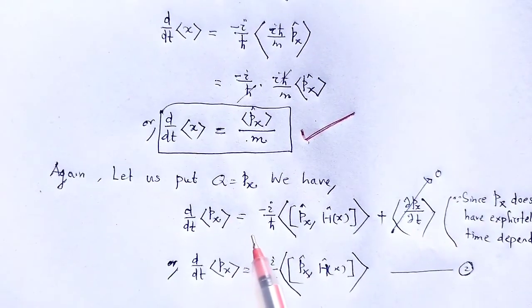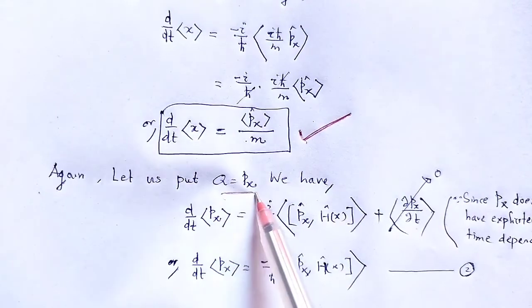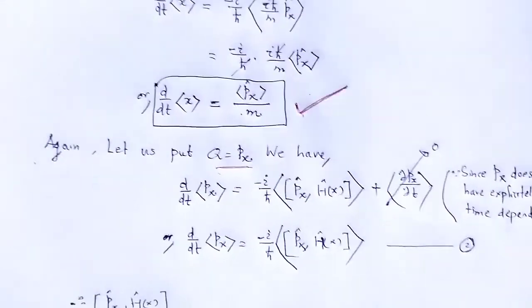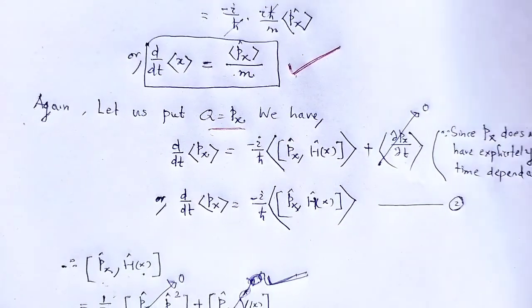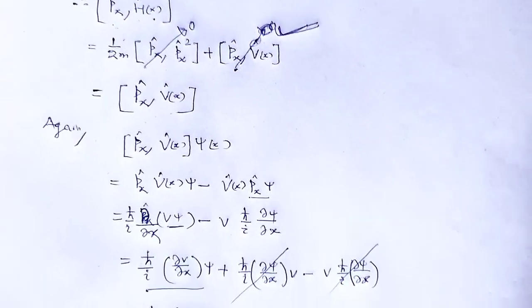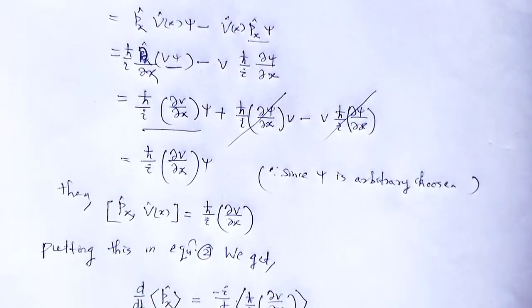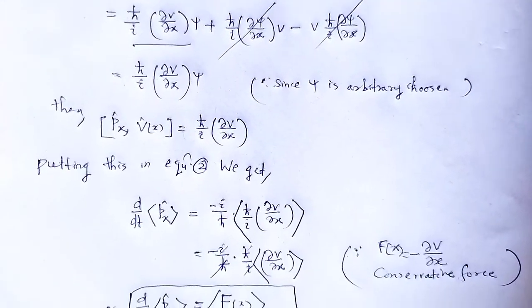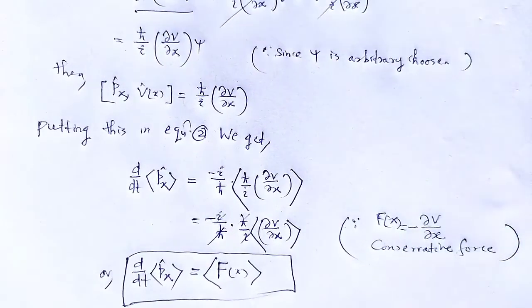The next equation is proved by putting q equal to Px, and we proceed in a similar manner. And finally, the proof of equation number 2. So, with these useful and informative notes, let me wind up this session. Thank you.